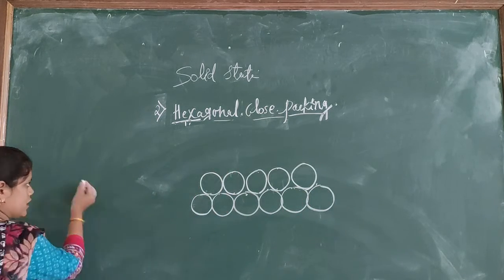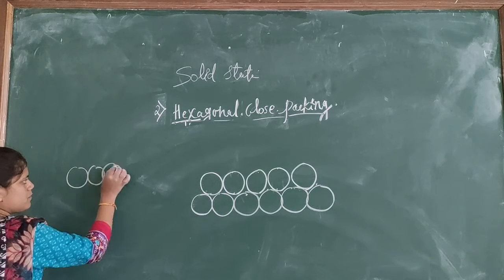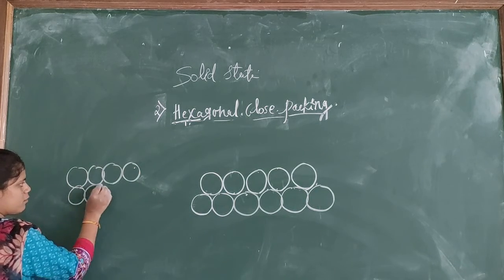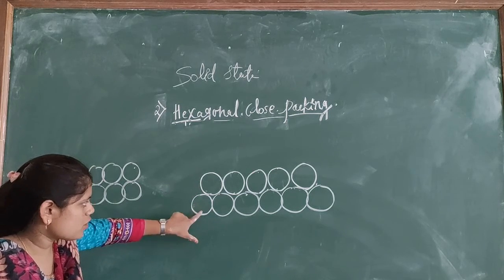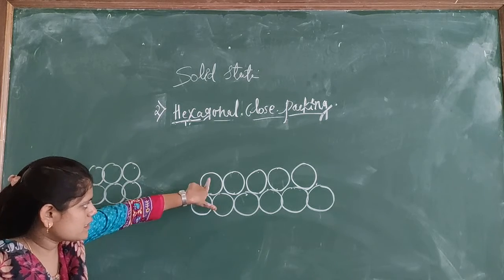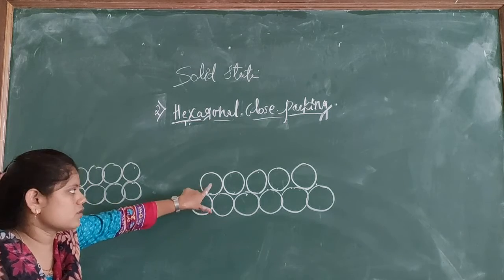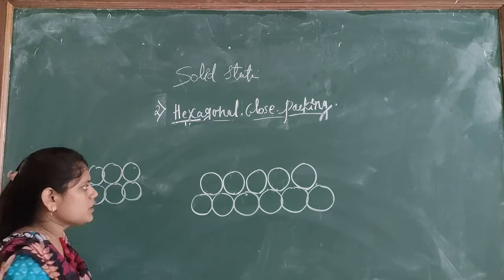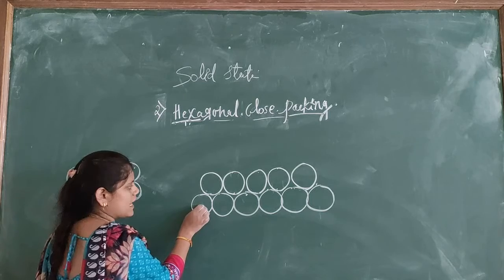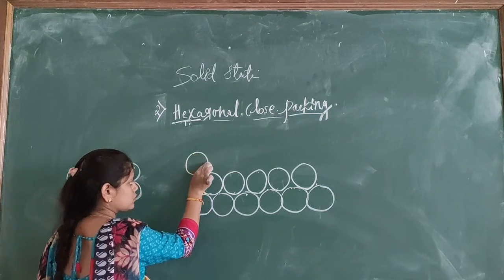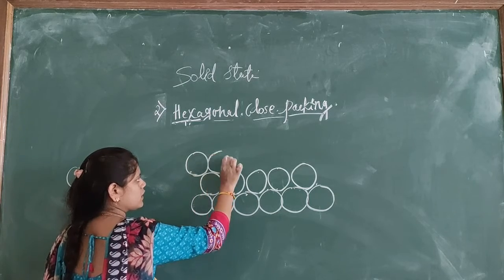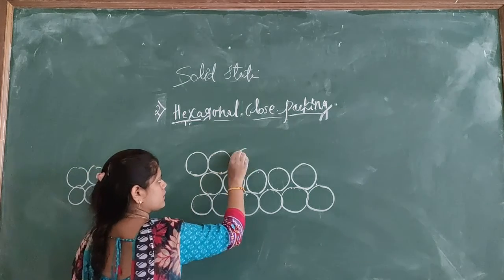But in square close packing, how did I arrange the atoms? One above the other, but here the arrangement will be different. Yes or no? The second row will be present on the first row in a depressed manner. Now the third row will be exactly the same as the first row.